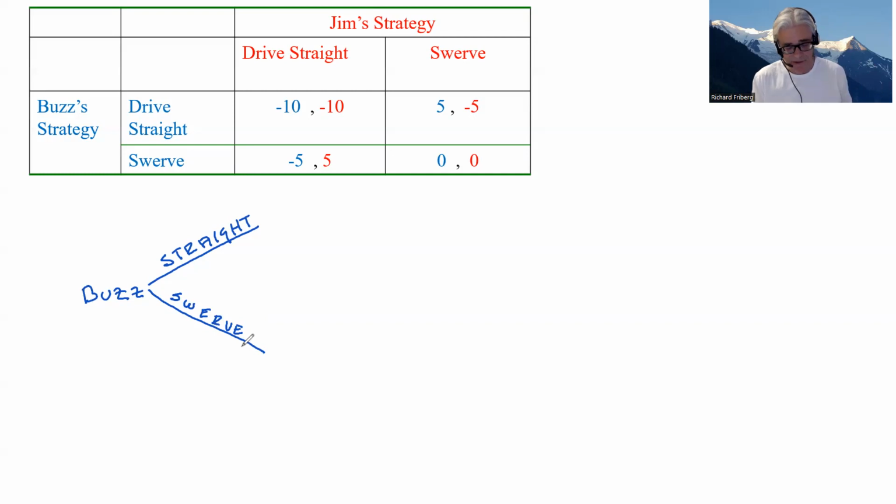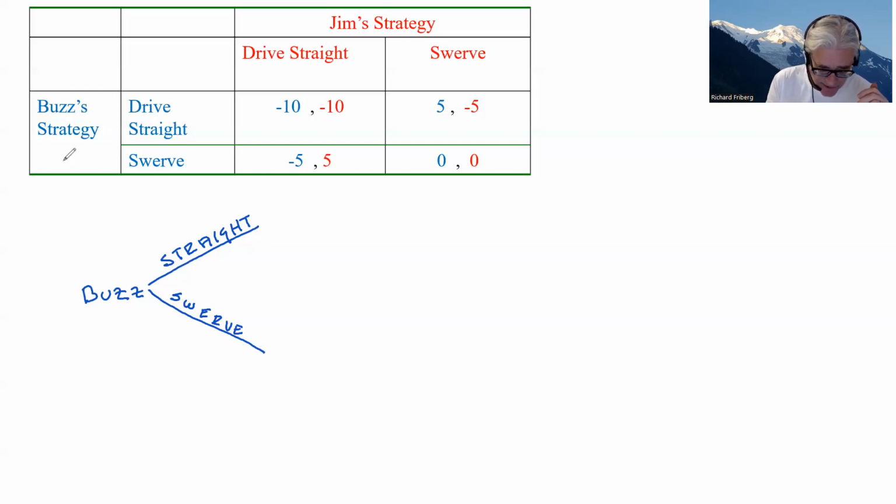Okay, so here you could think of this as a commitment to driving straight or to swerving. Wielding the steering wheel shut, putting a big rock on the gas pedal, moving back into the back seat would be associated with driving straight, for instance.